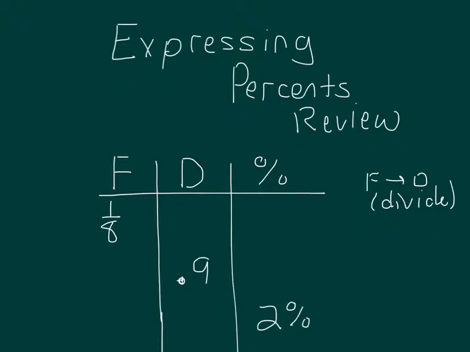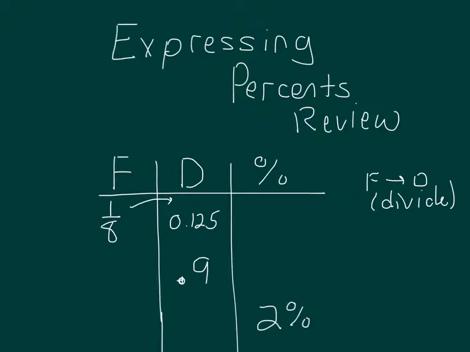So you're going to do 1 divided by 8. I just use a calculator if your teacher lets you use it. 1 divided by 8 is 0.125. Okay. It's that easy. Just remember to divide.